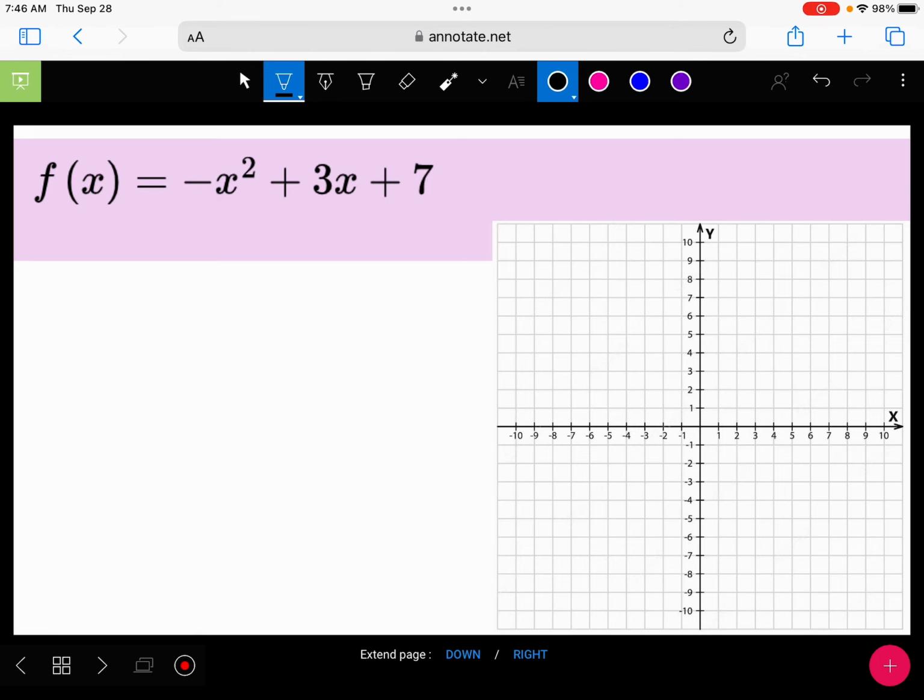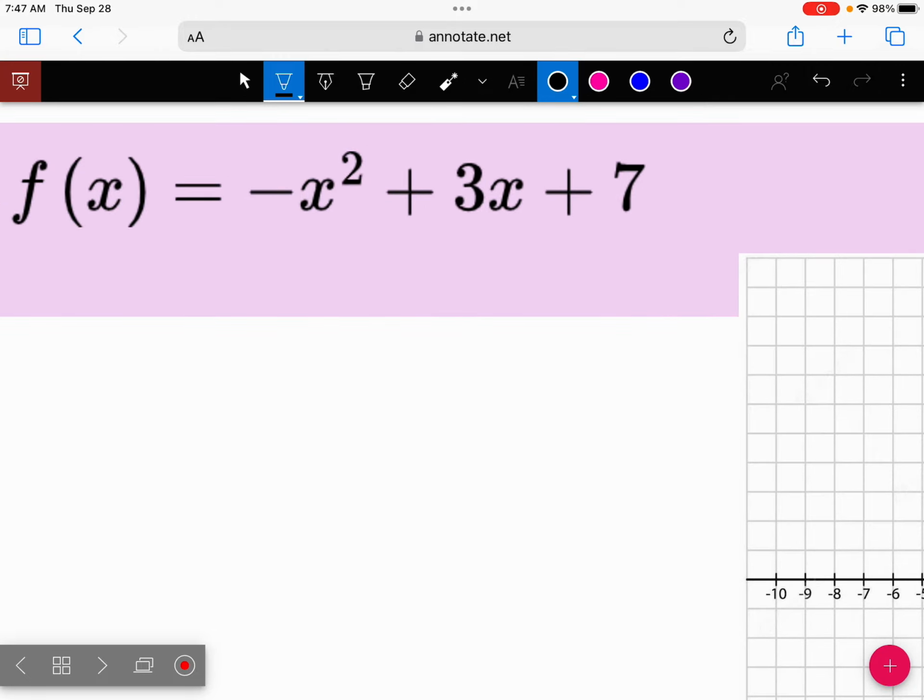Okay, let's do one more. Last one for today, and this is probably the hardest one. They at least give it to us in the right order this time. And so what we're going to do is graph it just like before.